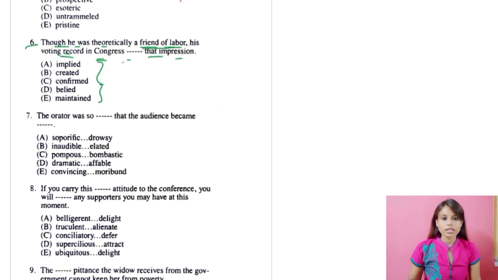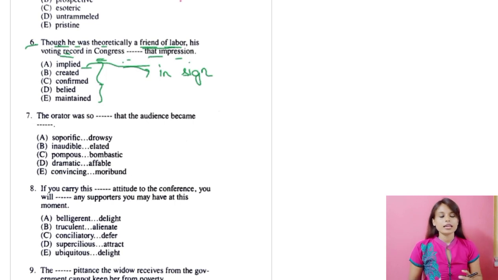So we have to put each of these options and check which is making the best sense in the sentence provided. So let us put implied. The meaning of implied is to suggest something in an indirect way, or without actually saying it. Okay, so you can say implied means in sign, in sign language or symbolic language, it is shown.